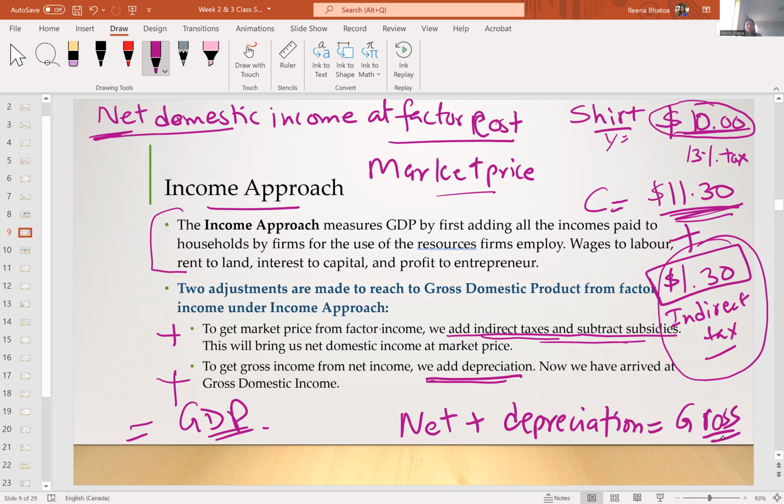Okay, so this is the little adjustment we have to make. So there is no direct formula. Yes, if you want to make a formula, add all the incomes, then add indirect taxes less subsidies, and then add depreciation.